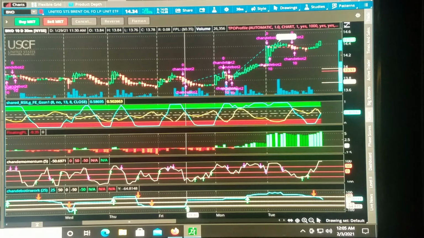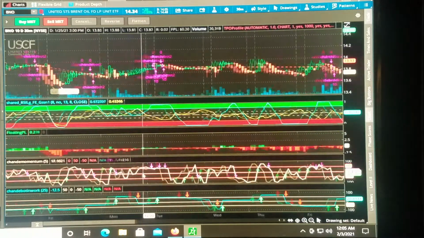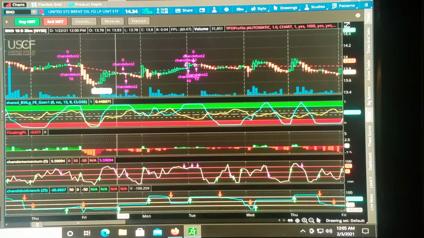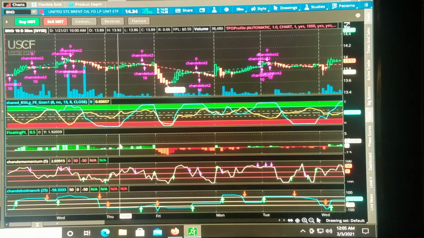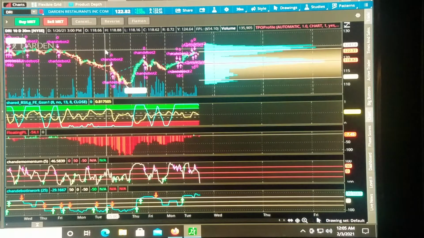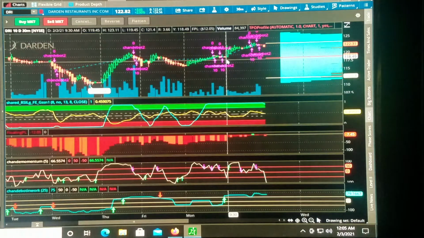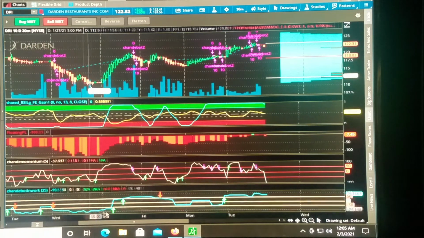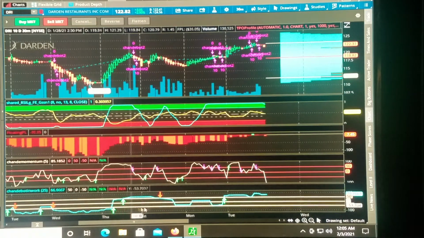So this is where we really would have wanted to be looking to get in. You know, somewhere around this signal here. And that signal again would have taken you and done you well.